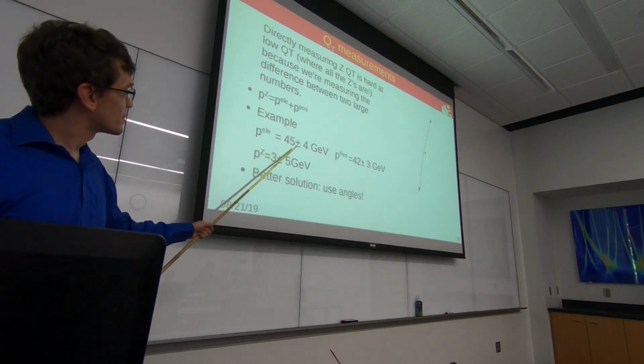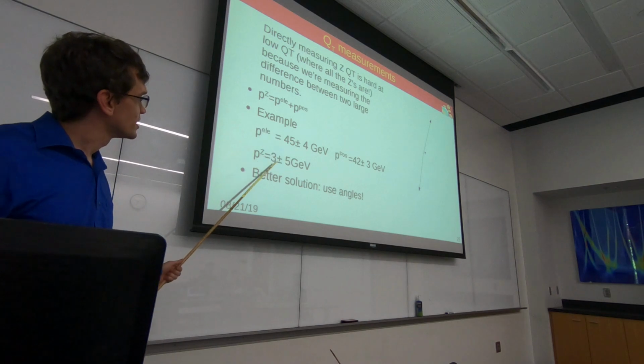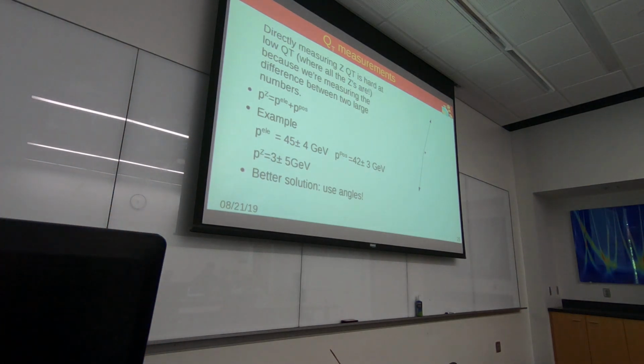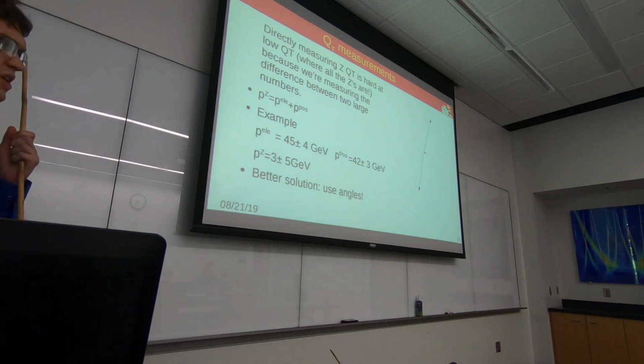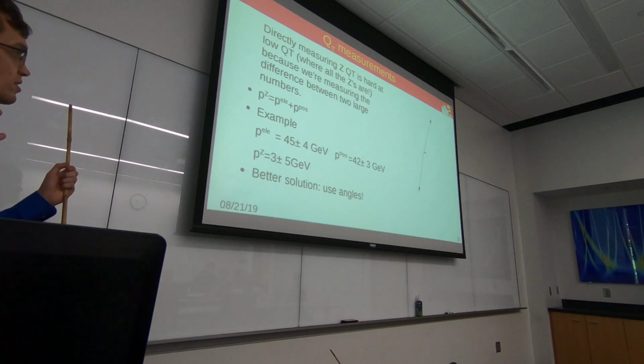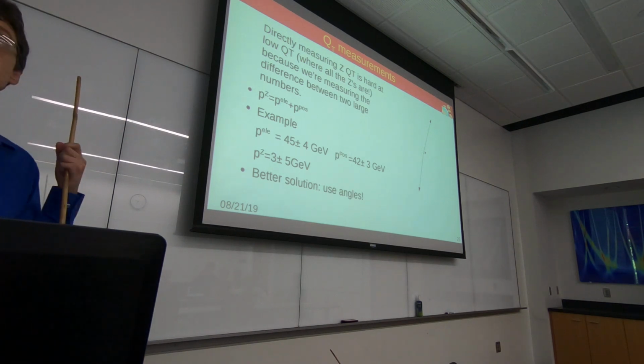And although these measurements are accurate within 10%, this one will have an uncertainty of over 100%. So although we can technically measure the QT of the Z, its accuracy is difficult.